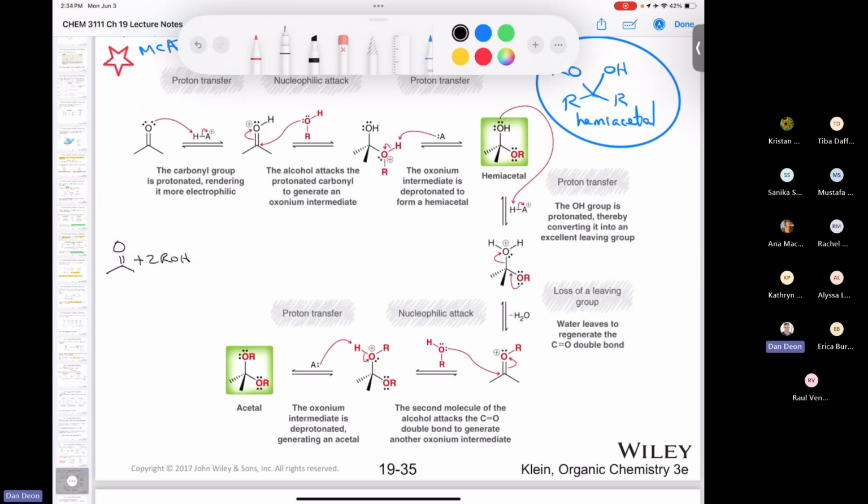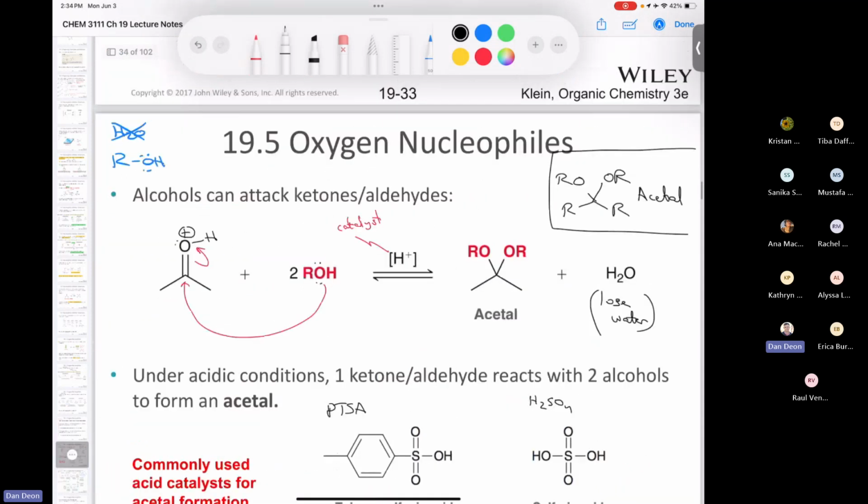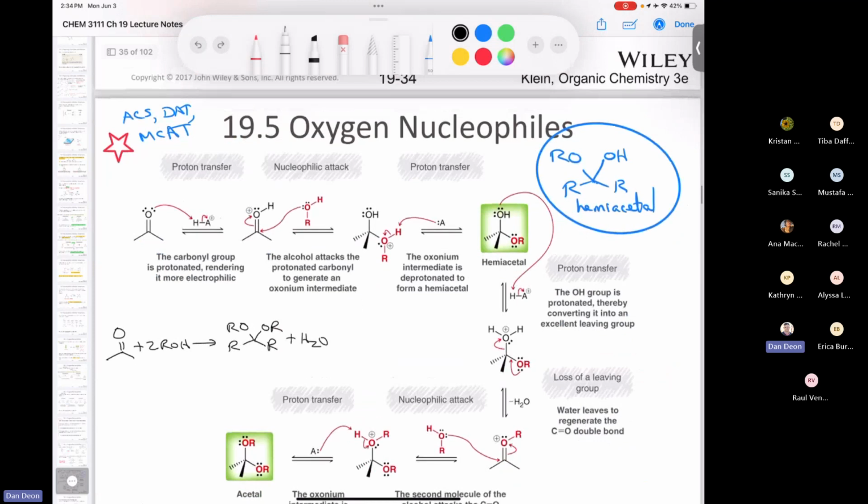You end up forming an acetal, plus you lose water. You might recognize this because it's this reaction right here. It's just the mechanism of that reaction is all we're looking at.